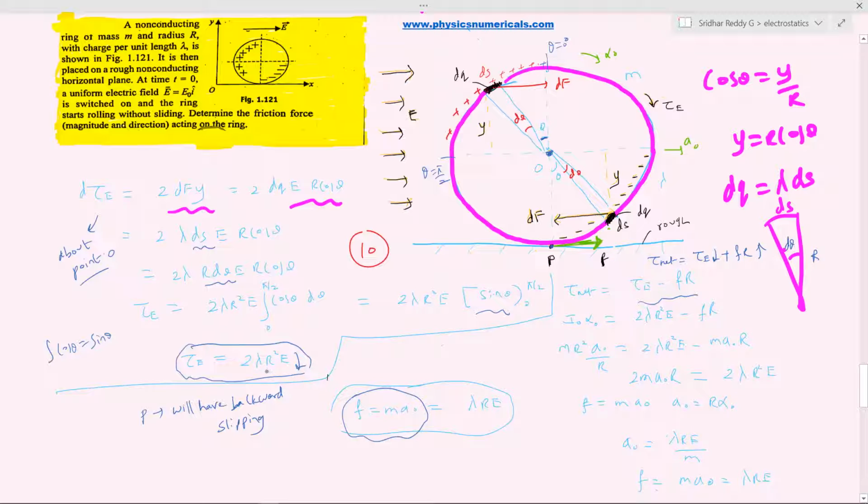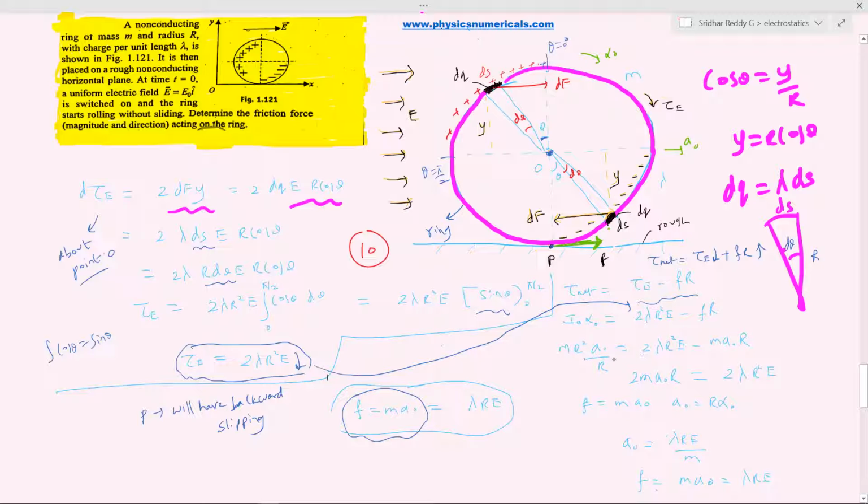So torque due to electrostatic force, we know this. I'm going to substitute here 2 lambda r square E, minus F R equals I naught into alpha naught. What is I naught for a ring? For a ring, what is the moment of inertia? m r square.